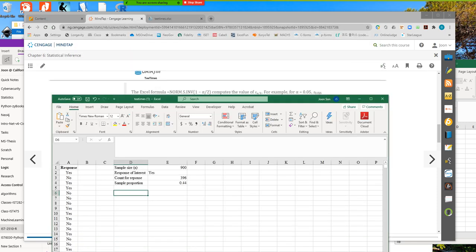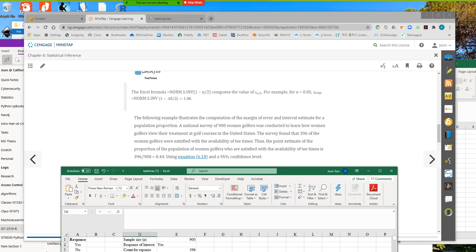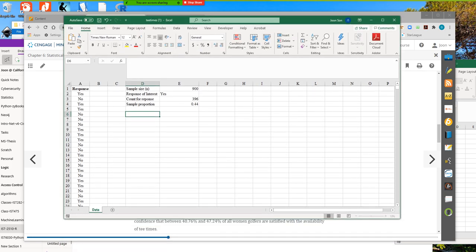And so the confidence interval, I think, is 95%. So the confidence coefficient, CC, is 0.95.